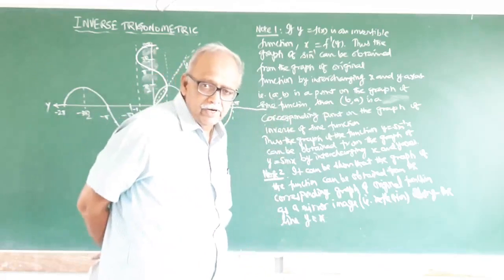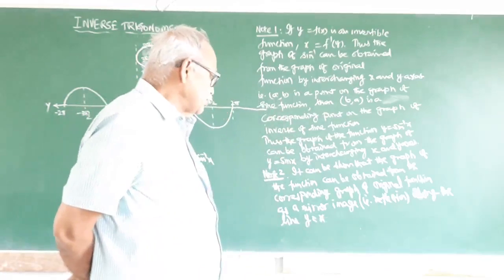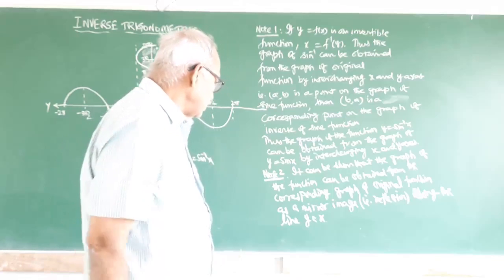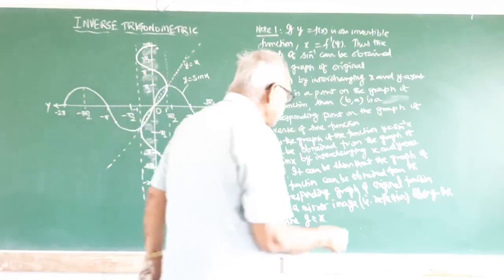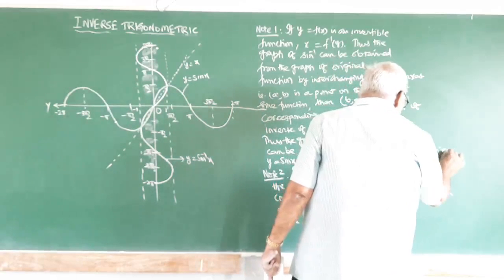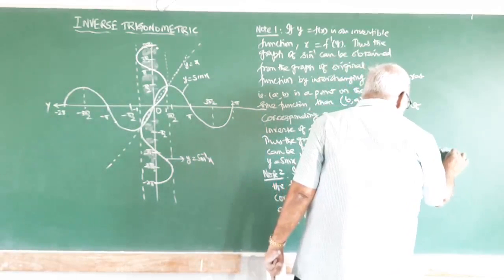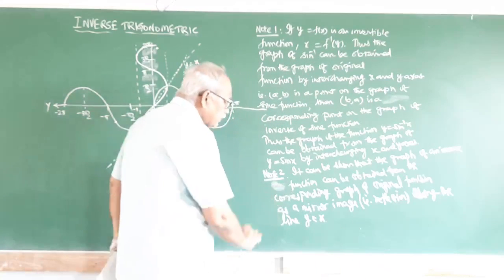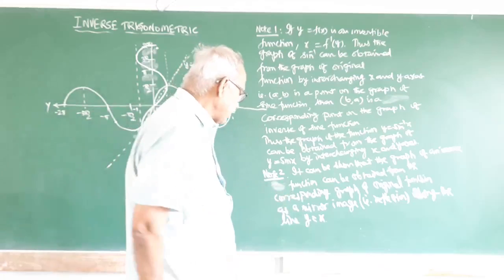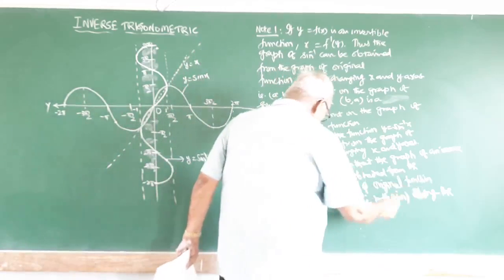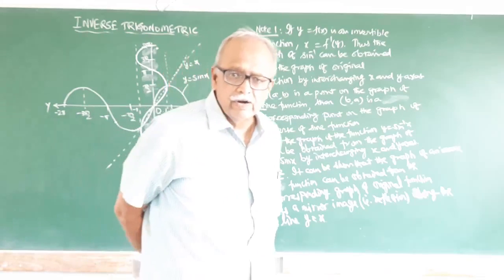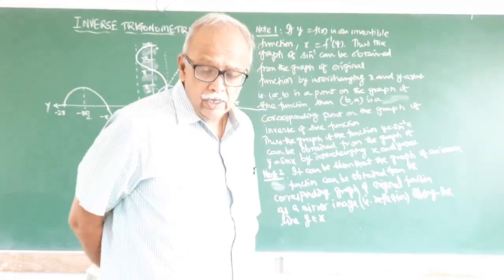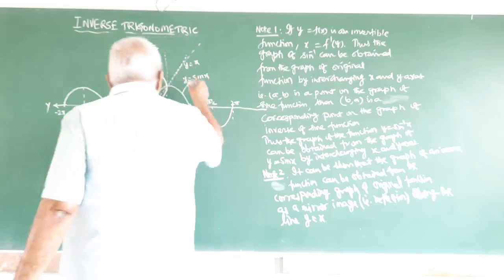I will repeat the second point for you. It can be shown that the graph of an inverse function can be obtained from the corresponding graph of the original function as a mirror image or reflection about the line y is equal to x.